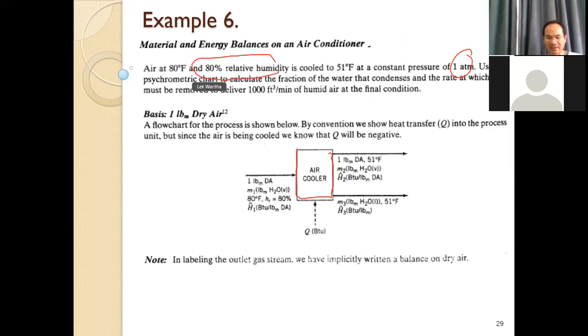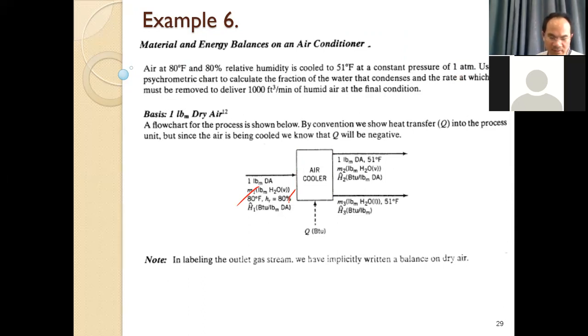It is the humid air feed to the cooler, which includes dry air 1 pound mass and M1 pound mass of water vapor. The feed is 80 Fahrenheit and relative humidity is 80%. You can use this to calculate S1.